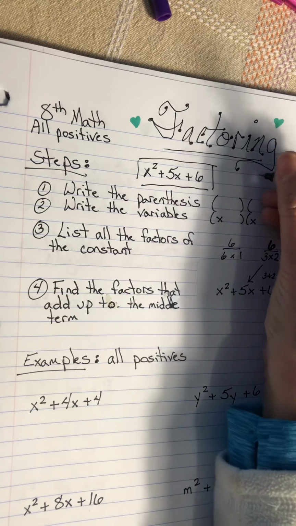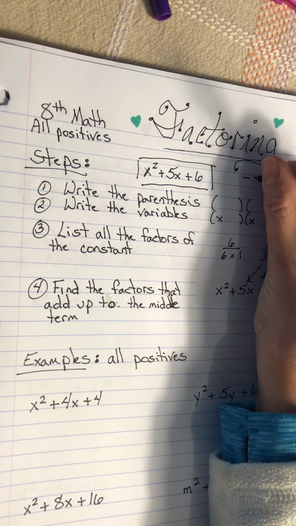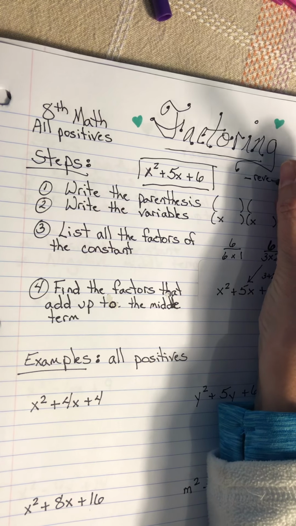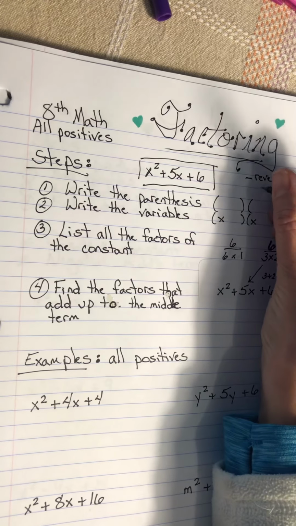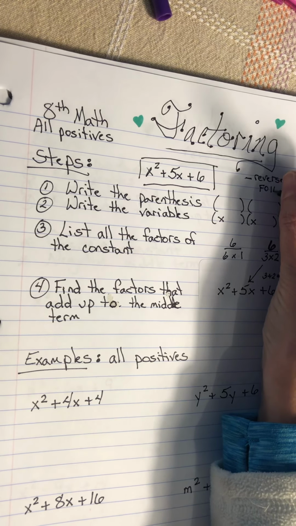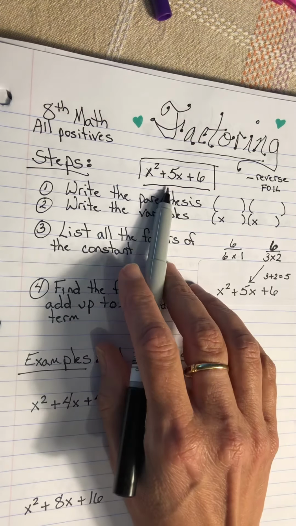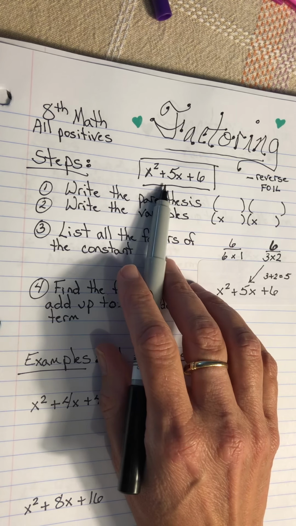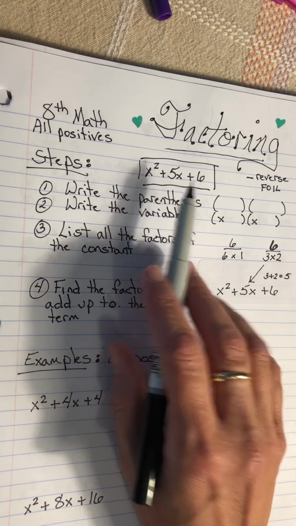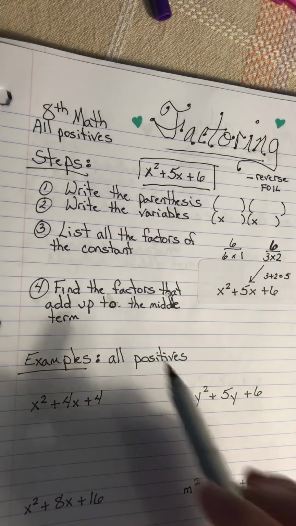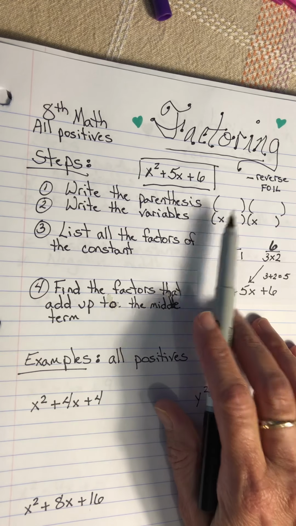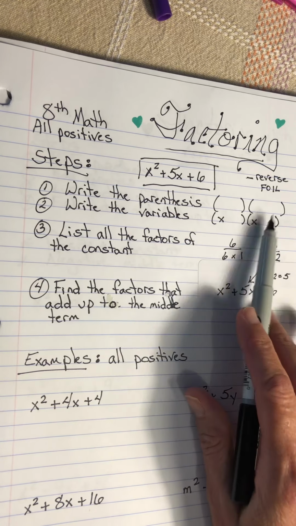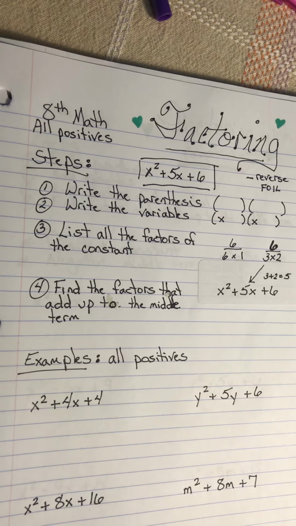Remember, factoring is the reverse of doing FOIL. We're going to start with a problem that would have been the answer to a FOIL problem. Now we're going to work backwards so that it is the problem: two binomials being multiplied by each other in parentheses.